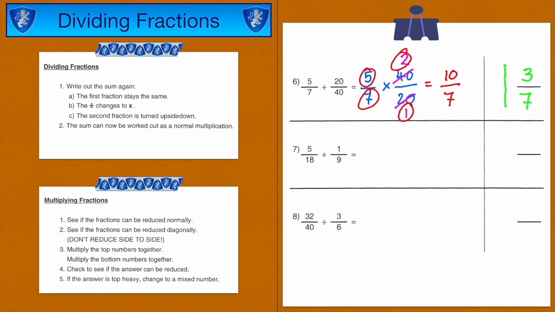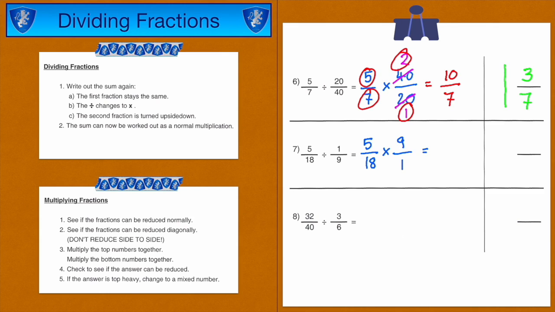Let's look at number 7. So first of all we need to write the sum out again. 5/18 stays the same, divide changes to times, and the second fraction goes upside down, so it's 9 over 1. And then we see what we can reduce. 5 and 18 we can't do, 9 and 1 we can't do, 5 and 1 we can't do, but 9 and 18 we can divide by 9.